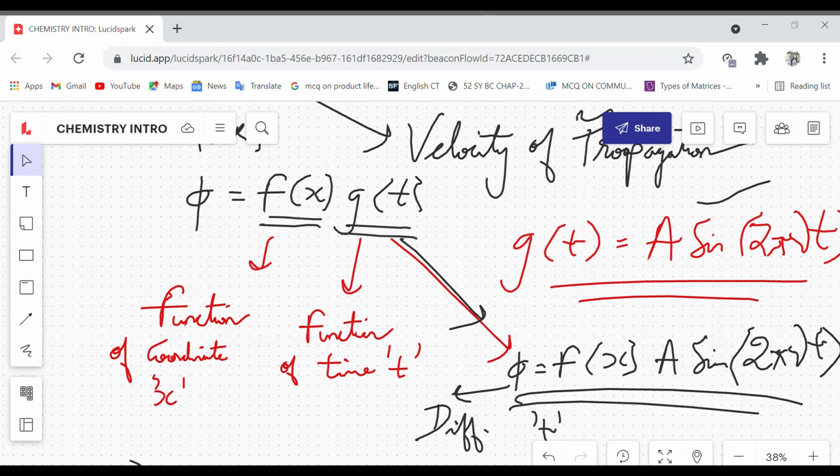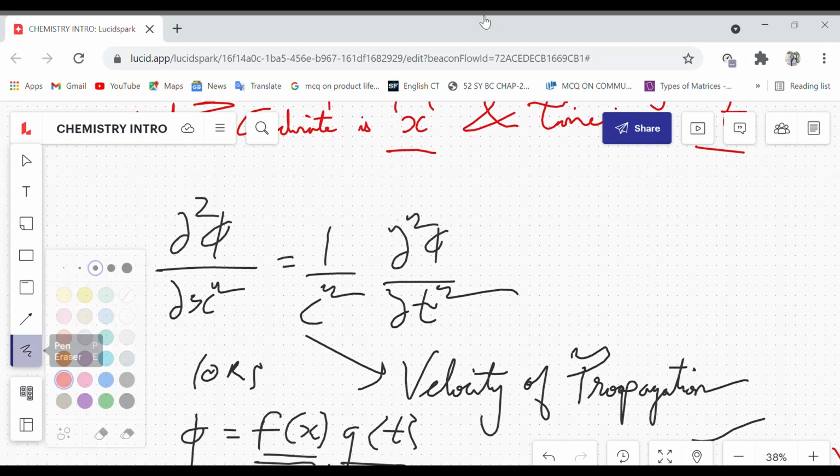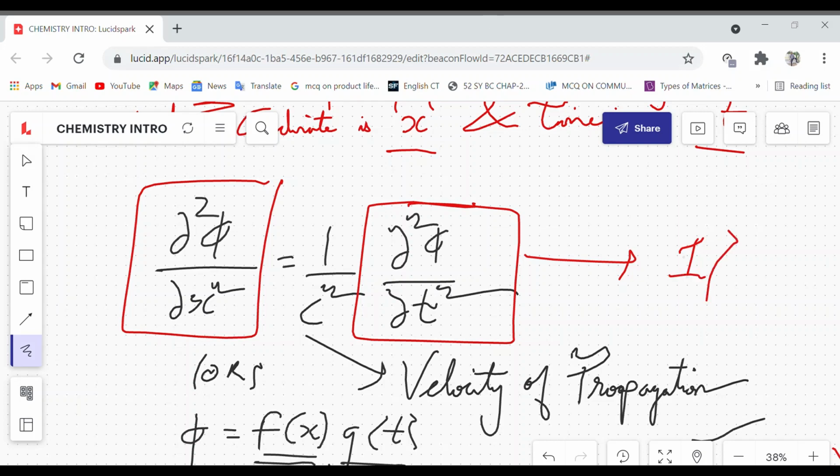We can put the values of dou square phi by dou x square and dou square phi by dou t square in this first equation and get the value. So now we have to substitute these two values.